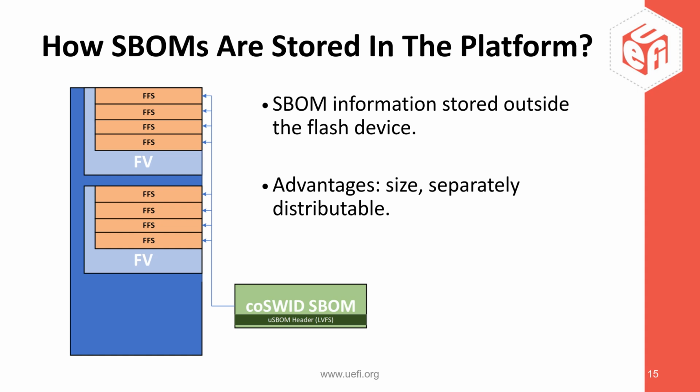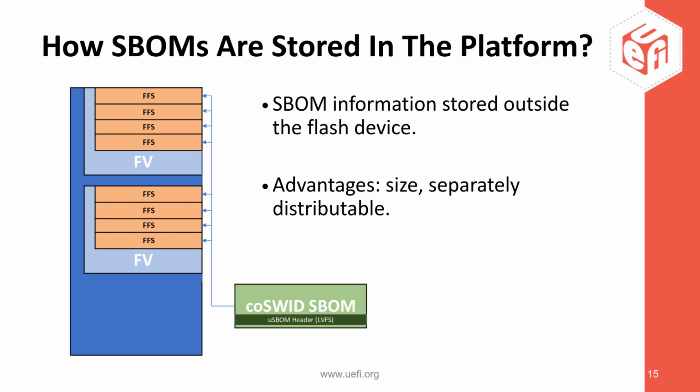That is, when you deliver the binary image for the platform, you also have a separate file, which is the SBOM, and that SBOM is treated separately. So it's stored outside and distributed, and I'm not going to talk about exactly how you would do that. The advantage is that it doesn't affect the size of your firmware image. If you're worried about the size of your firmware image, then you store it separately. It's on another device entirely, and it's separately distributable.